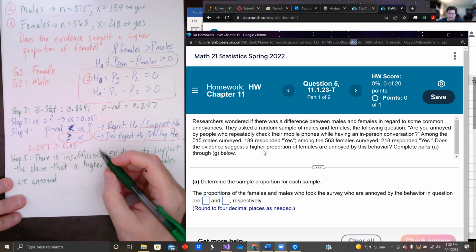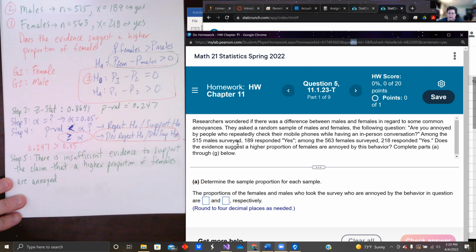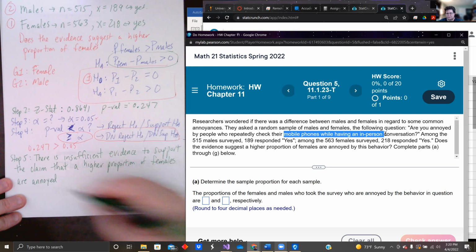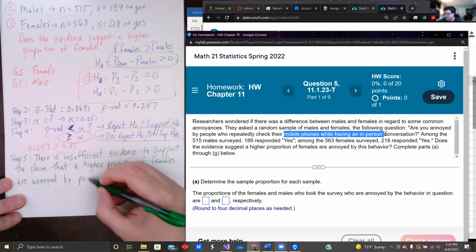I'm not going to say by this behavior, because I don't know what the behavior is, so I'm going to come up here and comment on what it is: a higher proportion of females are annoyed by people checking their phones in mid-conversation.